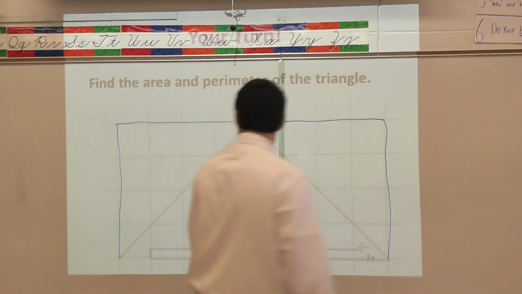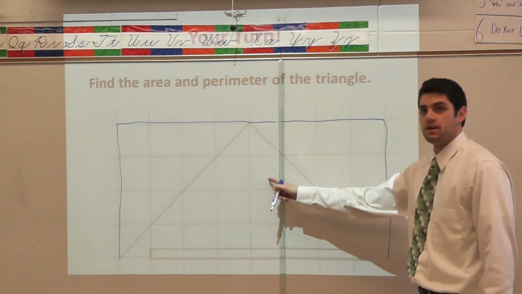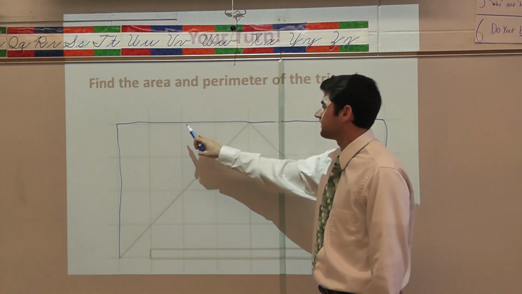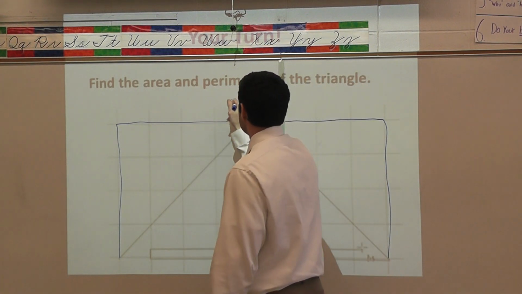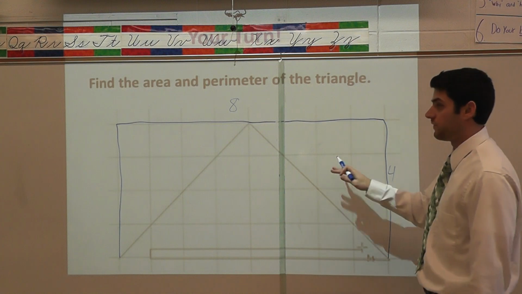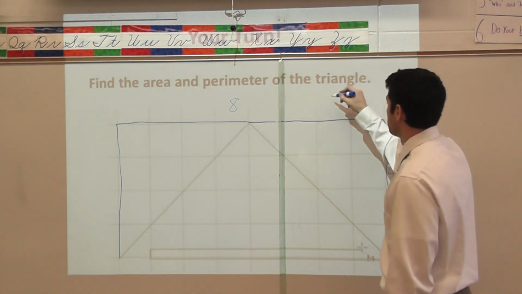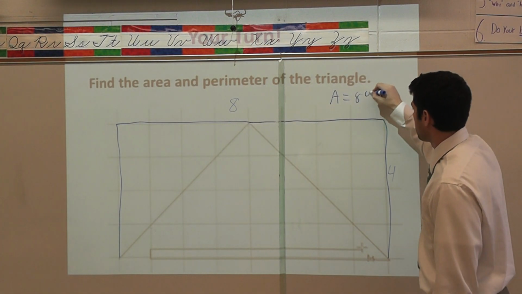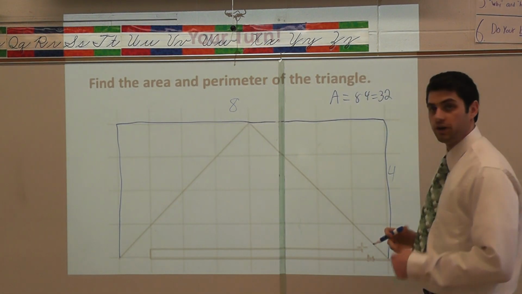I'm trying to find the area on the inside of this triangle. This is 1, 2, 3, 4, 5, 6, 7, 8. This is an 8 by 1, 2, 3, 4. It's an 8 by 4. So if I was finding the area of this rectangle, I would do 8 times 4, which would be 32.